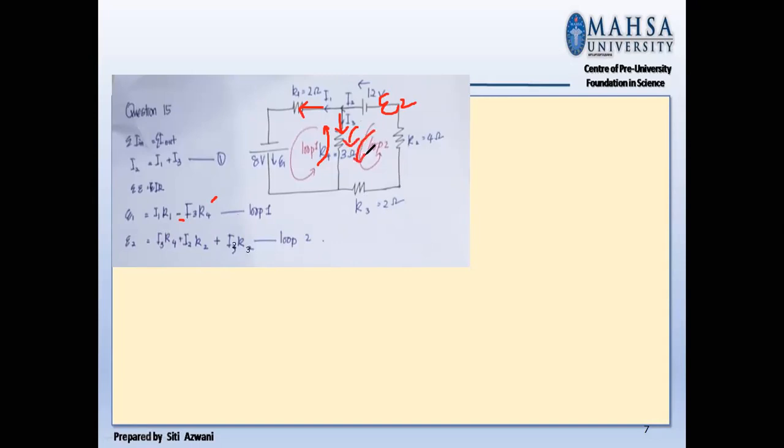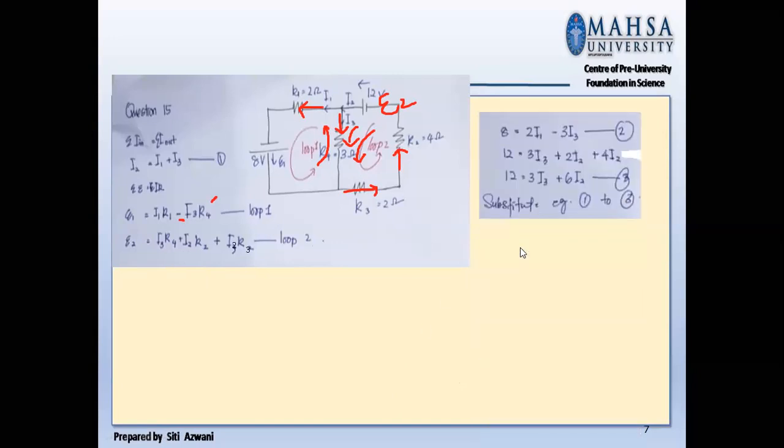The rest are also positive because the current I2 across R2 and across R3 is the same as the direction of your loop. That's why you get a positive sign. Then you are done with your equations based on loop 1 and loop 2.